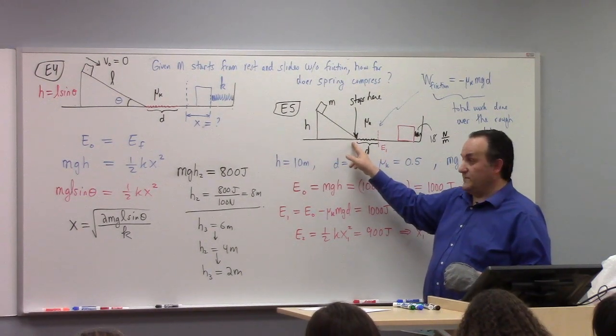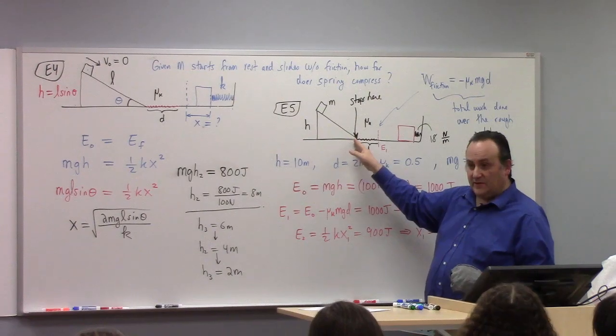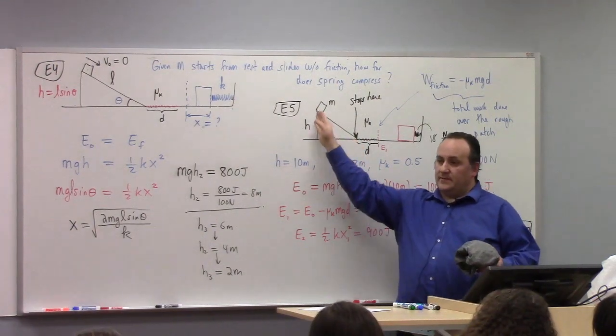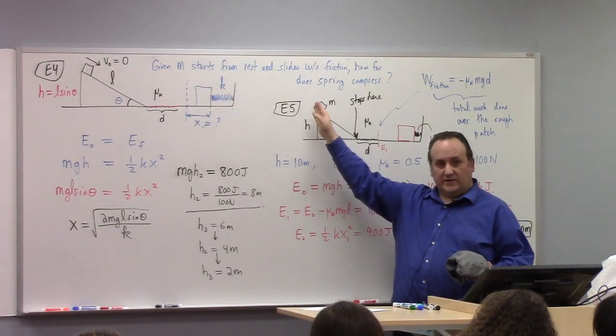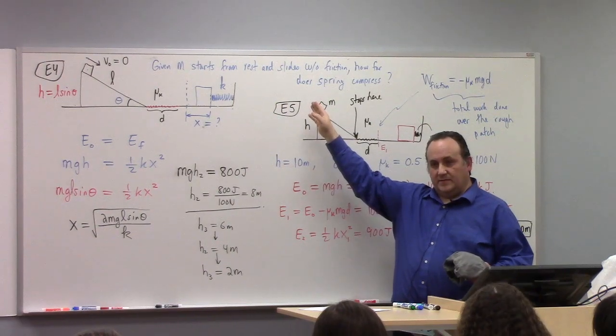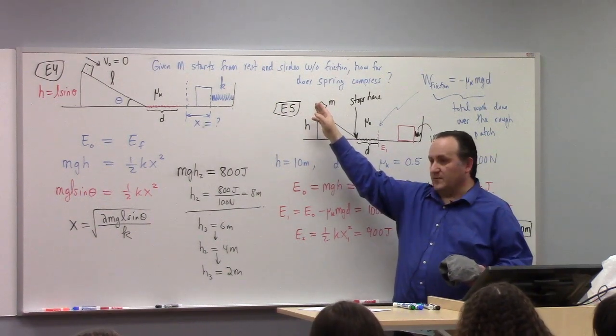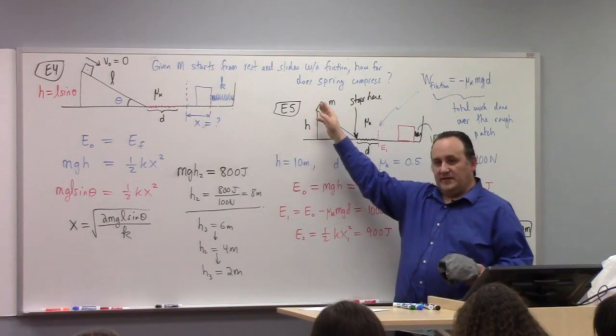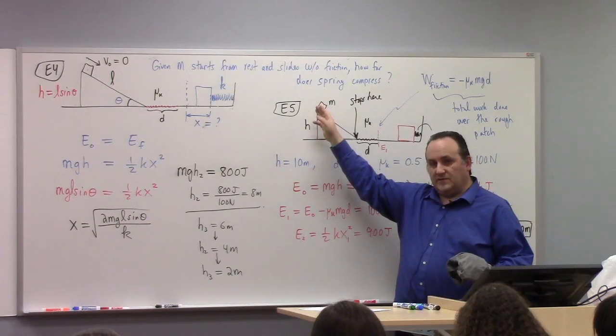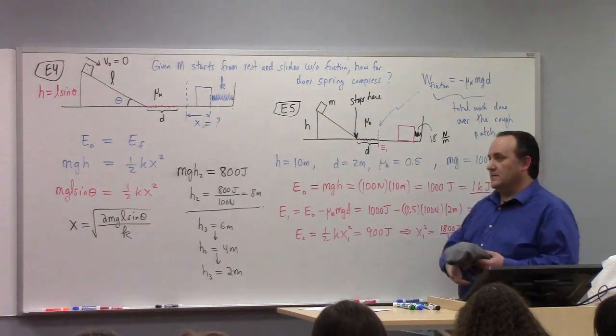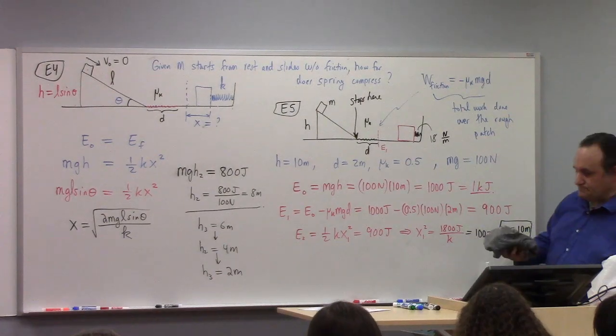I keep the 800 joules. It's initially totally kinetic energy here. As you go up the incline, it gets converted into potential energy. At the height of the swing back, we're at 8 meters, where we've got 800 joules of potential energy and 0 joules of kinetic energy.